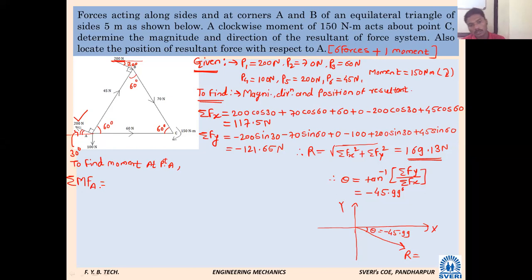Very good. Now what we will do, we will calculate one by one. Let us calculate this one by one. Now tell me, due to force P1, 200 Newton, is it necessary to resolve that force at point B?